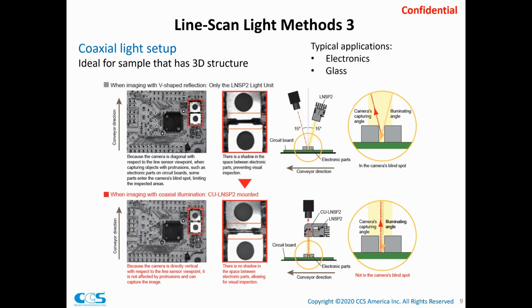So one defect will become a lot of defects, which is really not ideal. An on-axis configuration, where the camera and the light are in the same axis from top to bottom, will not have the ghost image. Typical applications for this coaxial or on-axis setup will be electronics or glass.